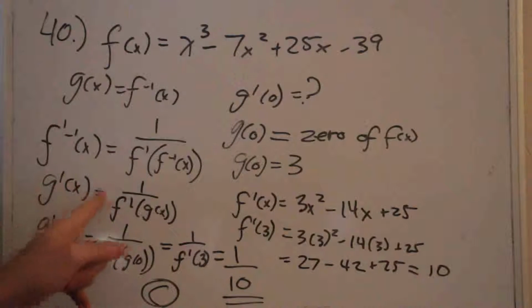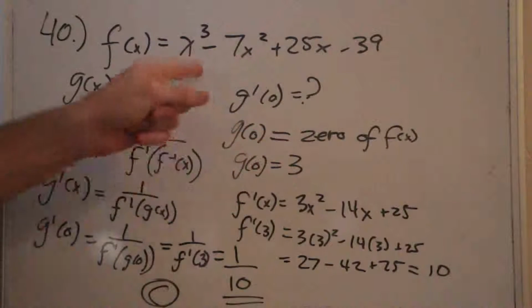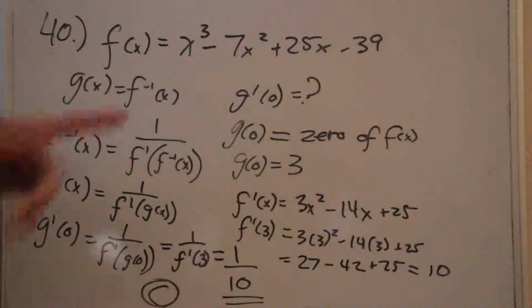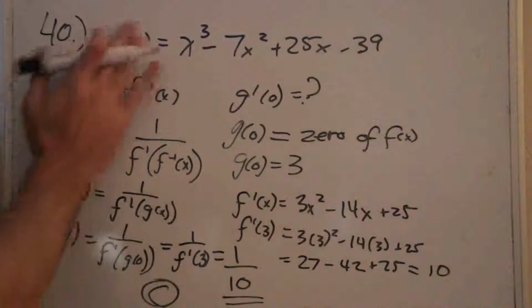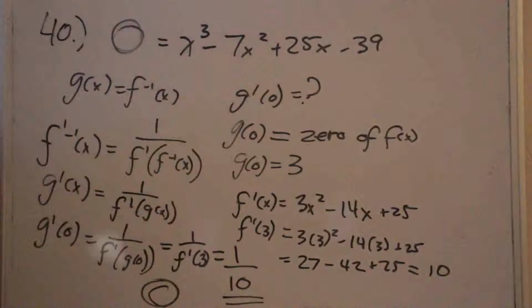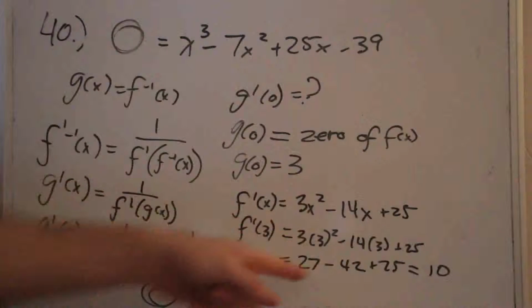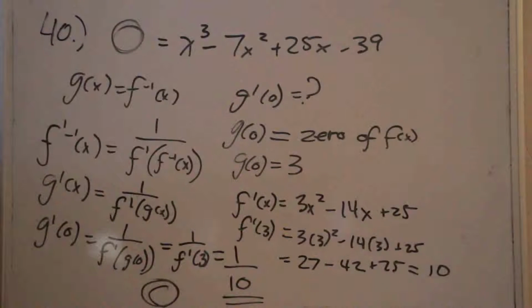So just remember g prime of x equals 1 over f prime of g of x when g of x is my inverse function. And then we have to remember that g of 0 is not plugging in 0 to f of x. It's actually setting this whole thing equal to 0 and solving for x, which is equivalent to finding the 0 of the function on your calculator. Once I have that, then I take my derivative, figure that out at g of 0, which turns out to be 3. And that step is pretty easy, or simple rather.